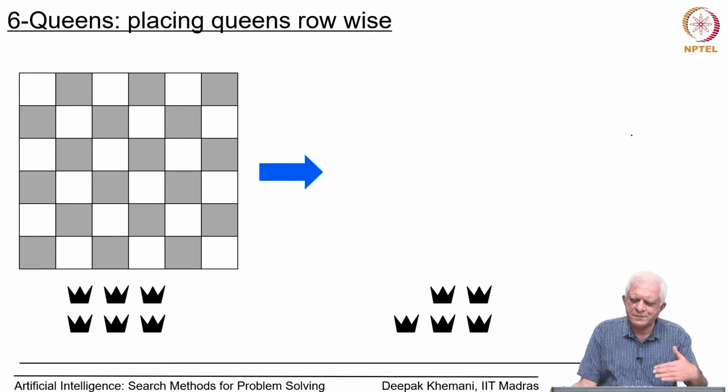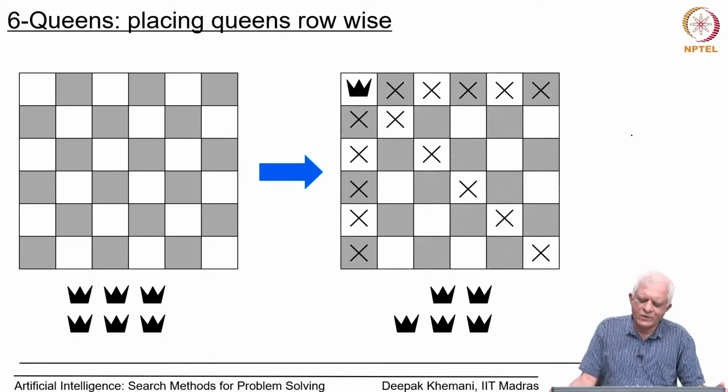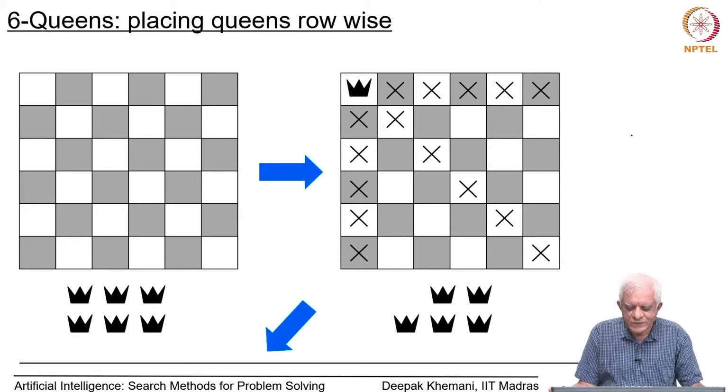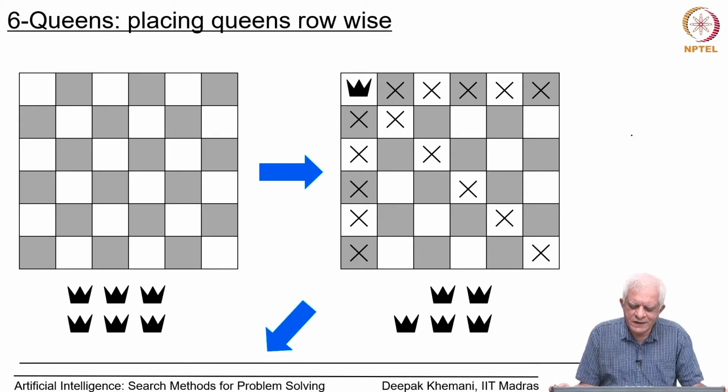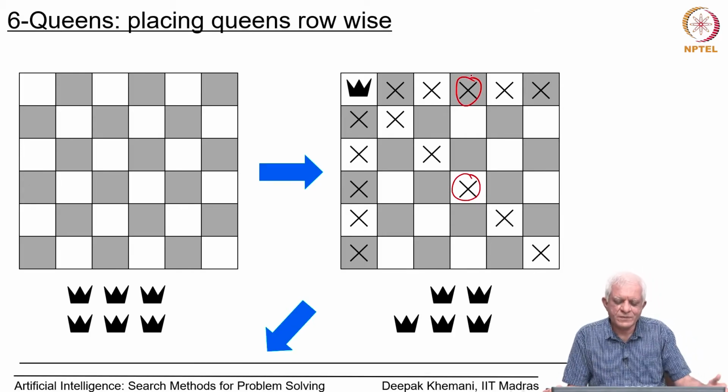So, we will place the queens row wise. So, first in the first row, then in the second row, and so on. So, after you place the queen in the first possible position, which is the cornermost square as shown here, you can immediately say that the chessboard squares which have a cross in them, you can never place a queen on that.